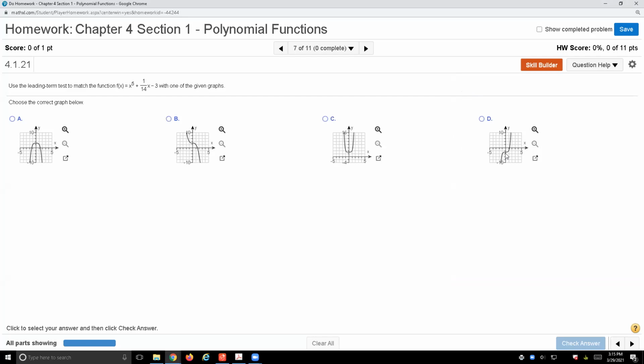But it can't be B because this is decreasing, it's a negative. It can't be A or C, because that's an even degree. Has to be D. They could have given us two choices that look like B. Yes, they could easily have done that, but we knew this one was not right because it's a negative coefficient.